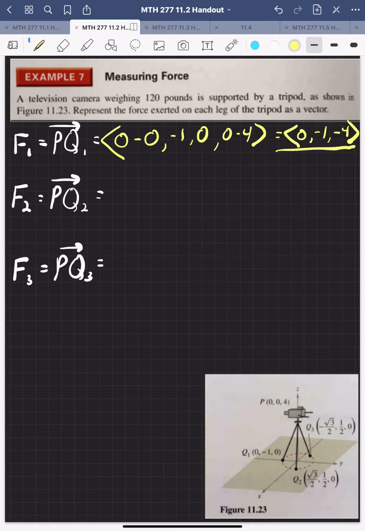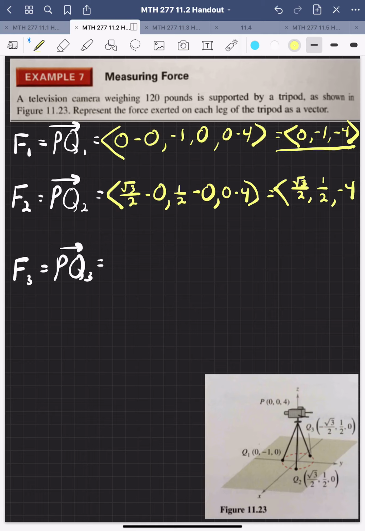Let me go ahead and do the same thing for the other ones. So it'll be the square root of 3 over 2 minus 0, 1/2 minus 0, and 0 minus 4. So that gets me the square root of 3 over 2, 1/2, negative 4. All right, and one more time.